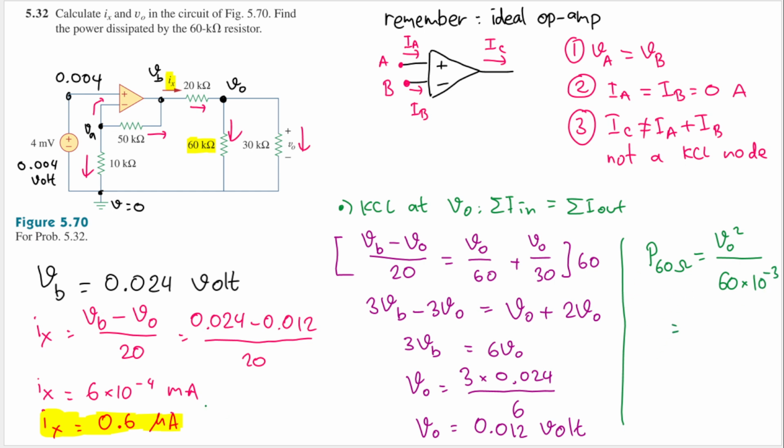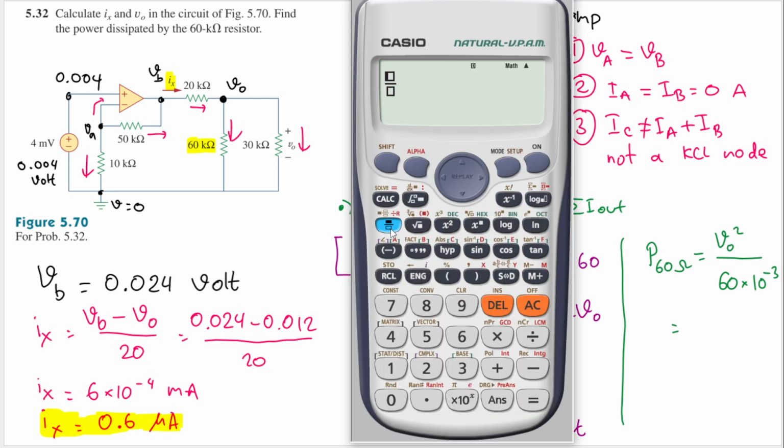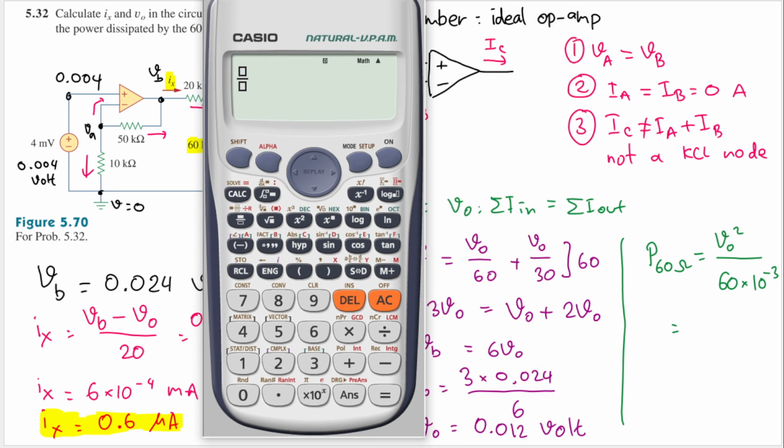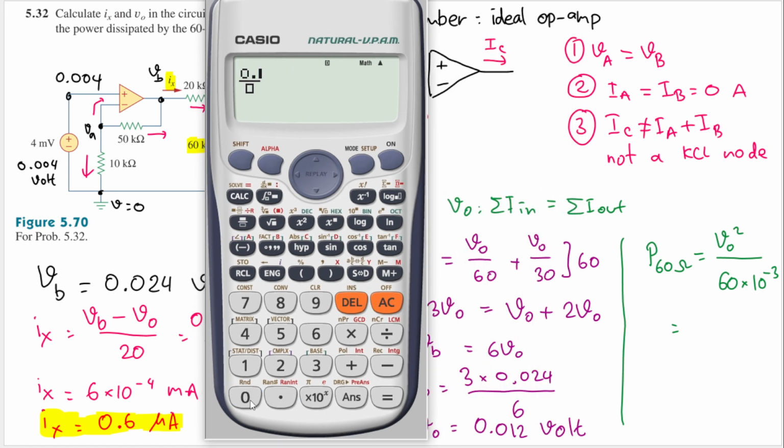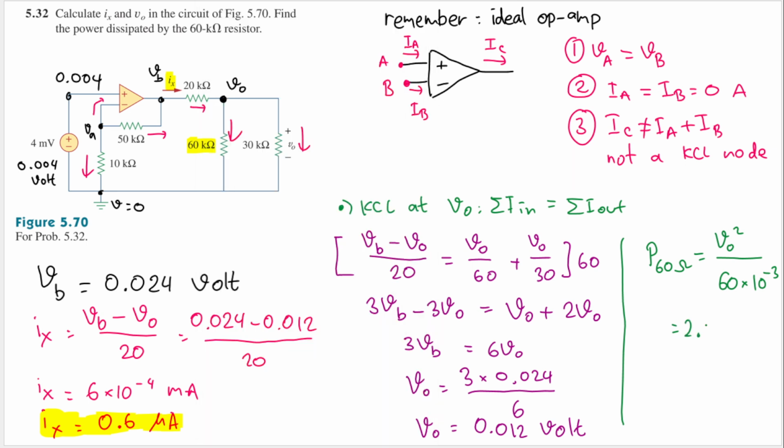Let's just put it into the calculator. V0 is 0.012 volt, and this is ohm, so the unit will be in watt, right? I will have 2.4 multiplied by 10 to the minus 3. This is watt, or we can write it as 2.4 milliwatt. So this is the power dissipated by the 60 kilo ohm resistor. Let's highlight that.